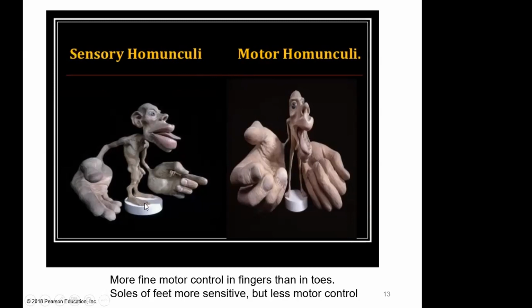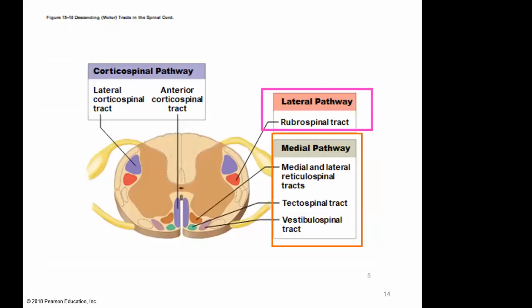The sensory feet are actually bigger than they are on the motor. Of course, the hands are huge, right? Because we just talked about all of the things you need to do with your fingers. So more fine motor control, greater receptor density in those areas. It's all about, can you do more things motor-wise, okay?